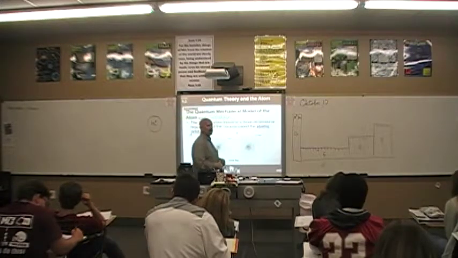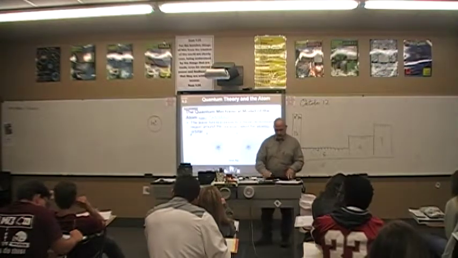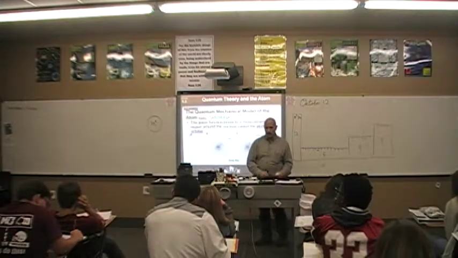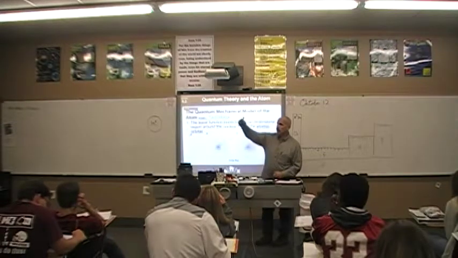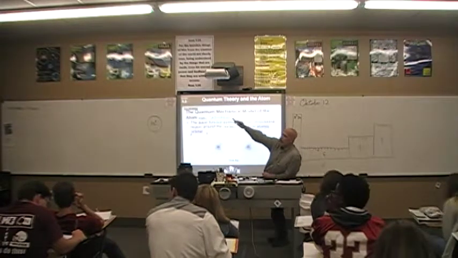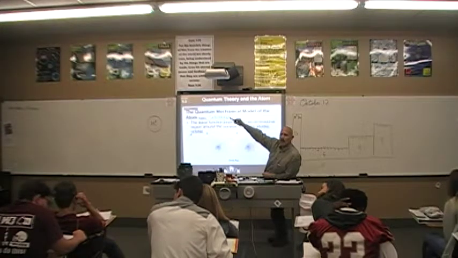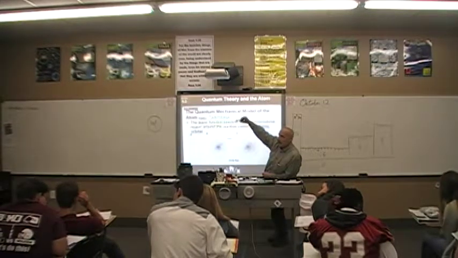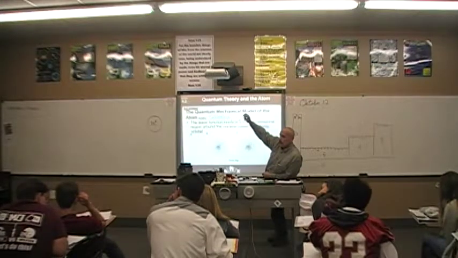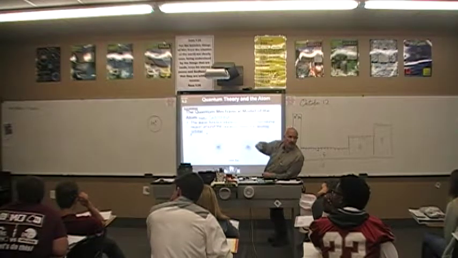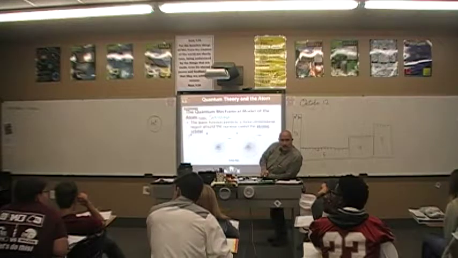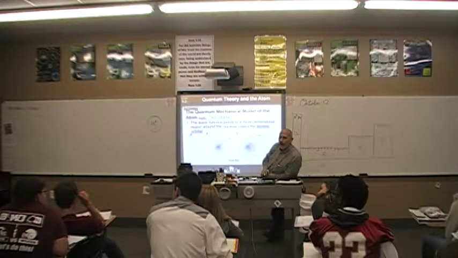Now, what does the energy level mean? Remember what Mr. Bohr came up with. He came up with the fact that there are different energy levels. And I told you that they correspond to the periods on the periodic table. So each row, hydrogen and helium are the only two in the first row. So those are the only two that only have electrons in their first energy level.